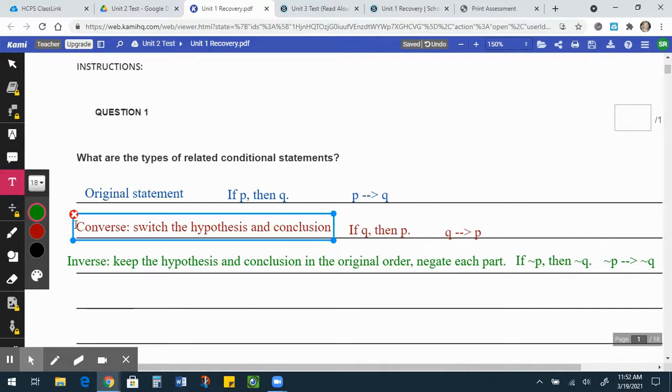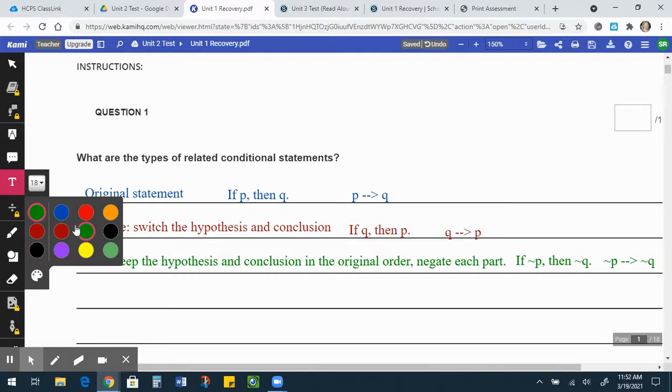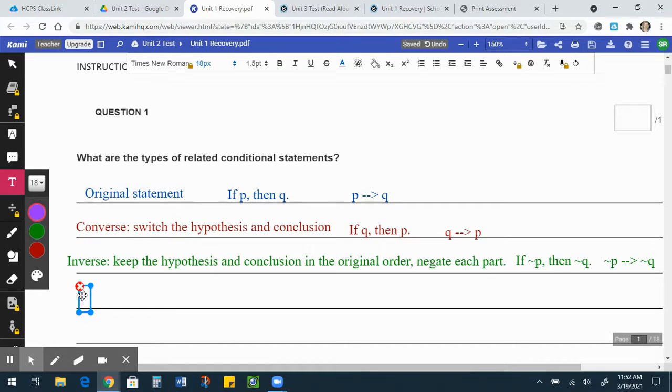All right, the next related conditional is called the contrapositive. The contrapositive is the longest of the related conditional words. That means I have to do everything to the P and the Q, the hypothesis and the conclusion.